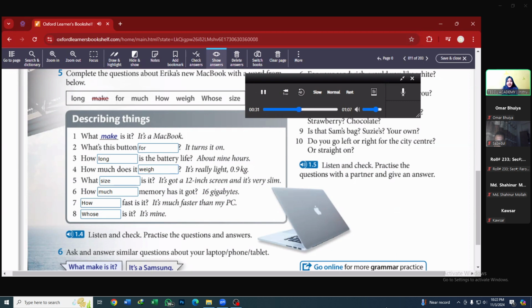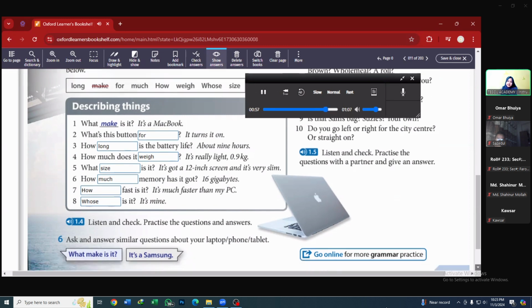It's really light. 0.9 kilograms. 5. What size is it? It's got a 12-inch screen and it's very slim. 6. How much memory has it got? 16 gigabytes. 7. How fast is it? It's much faster than my PC. 8. Whose is it? It's mine.